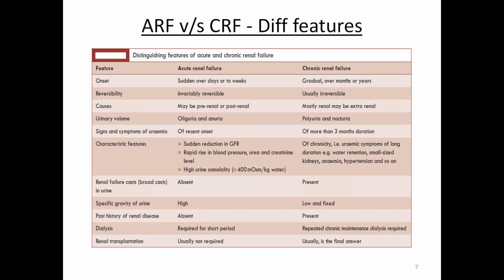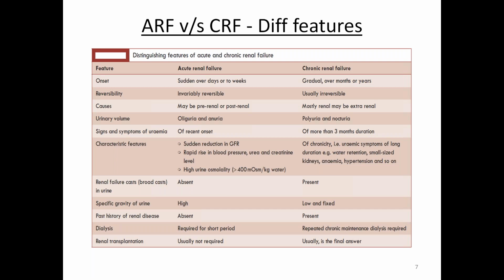Specific gravity is increased in case of ARF, whereas in CRF, it is low and fixed. Past history of renal disease is absent in ARF, whereas in CRF, it is present. Dialysis is required for a short time in ARF, but for CRF, chronic maintenance dialysis is required.